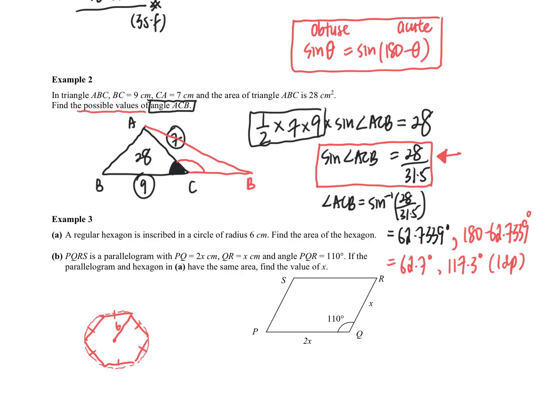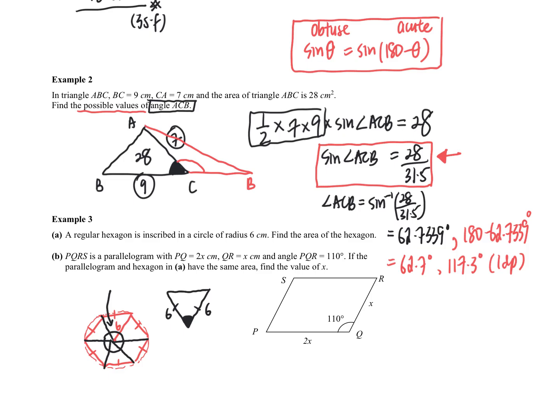Okay, so find the area of the hexagon. What do you think we can do? If I draw out the triangles it forms, if I can find one of them, I can find all 6. So how can I find the area of this one triangle? This is the radius, so this will be 6 and 6. Can you get the angle in between? 60. How to get 60? 360 divided by 6, because one full circle is 360.